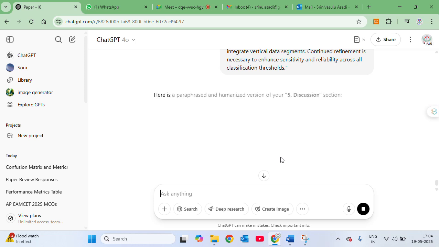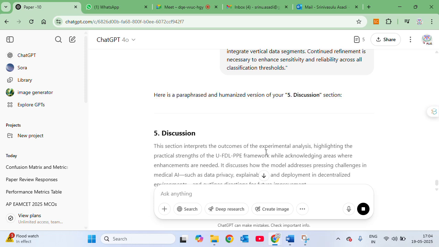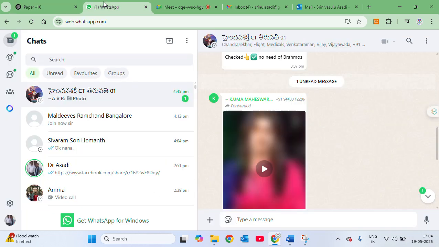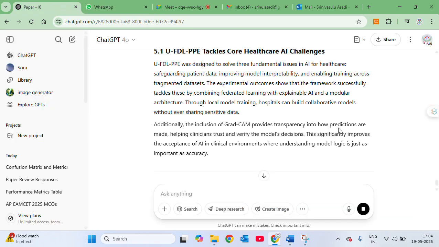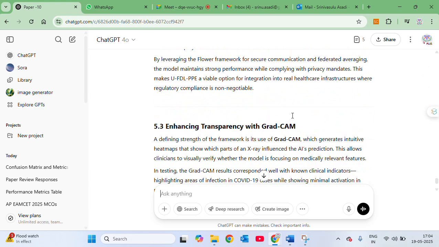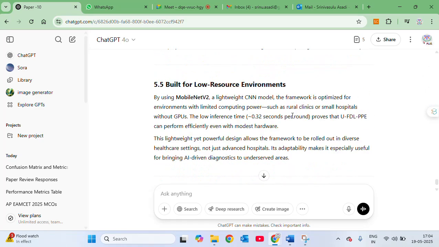Now it is preparing a paraphrased and humanized version of your text. So now fifth side heading we are going to finish.